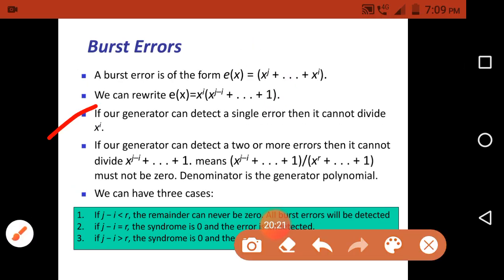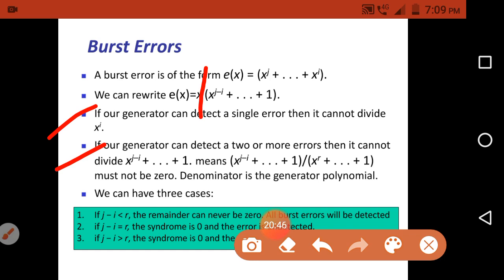Okay, so here the third point is, if our generator can detect the single error, then it cannot divide the x of i. Means if our generator wants to detect only single bit errors, then it cannot divide this first factor, that is x of i, as we already saw in the single bit error.